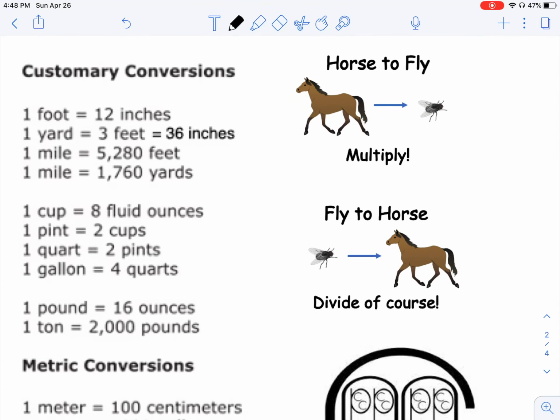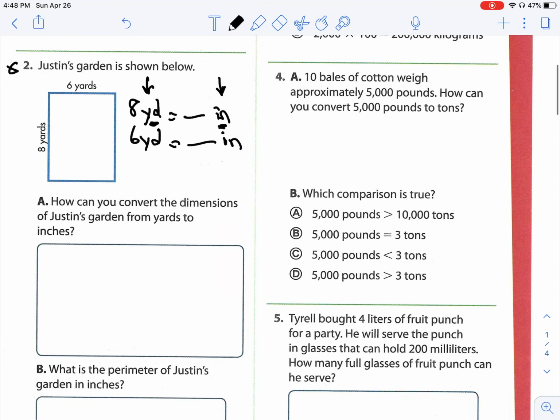I go over here, 1 yard equals 36 inches. So we're going to multiply yards by 36 to get the inches.